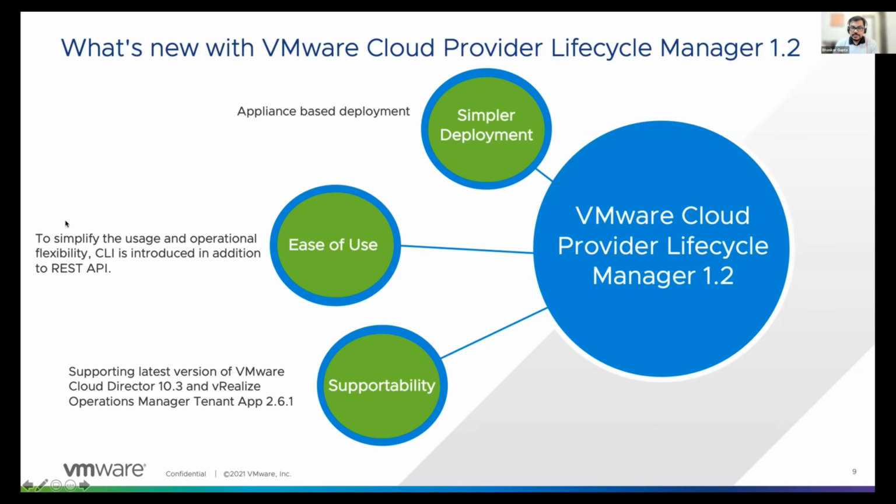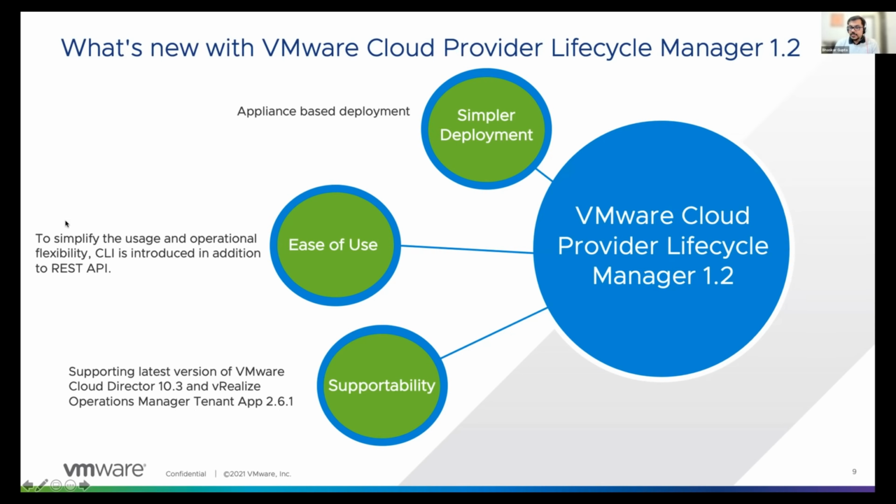Then upgrading deployed products. We don't support upgrade of RabbitMQ because it's not a VMware product, so deployment is still supported. Certificate and node management also stay the same as earlier versions.